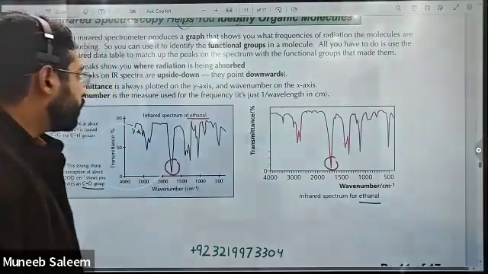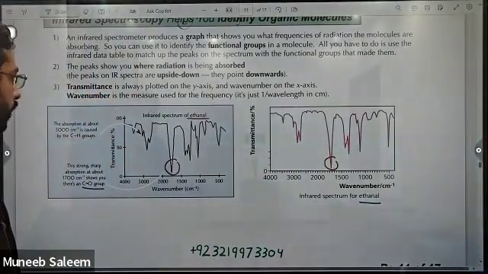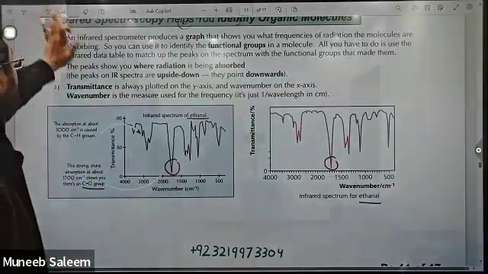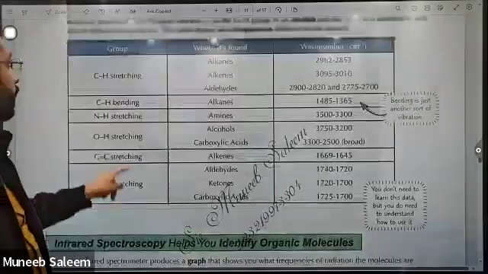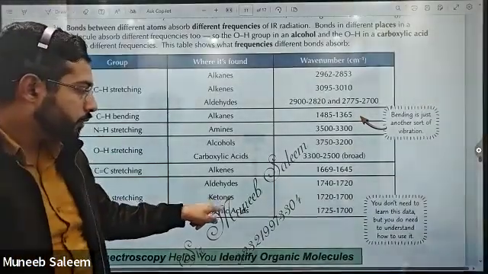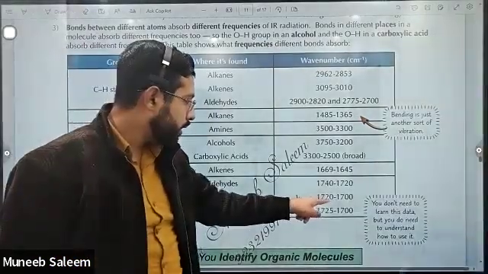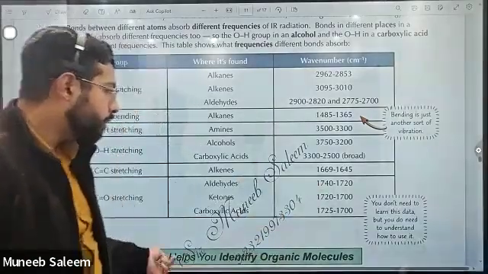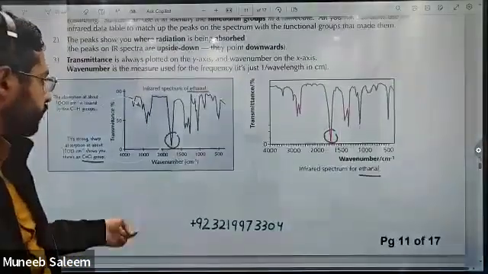So from here we conclude that it is the aldehyde functional group, and we can also use the table to find the presence of CO in the case of the ketone. For ketone, the value is 1700 to 1720, and for aldehyde it is 1720 to 1740.